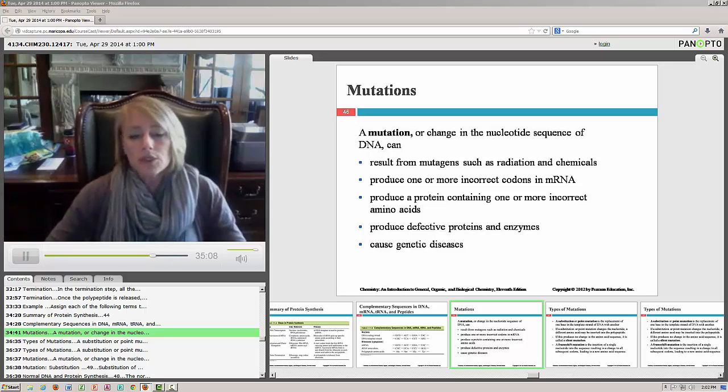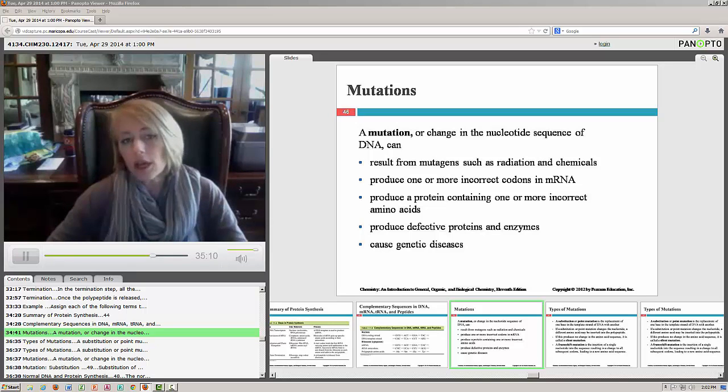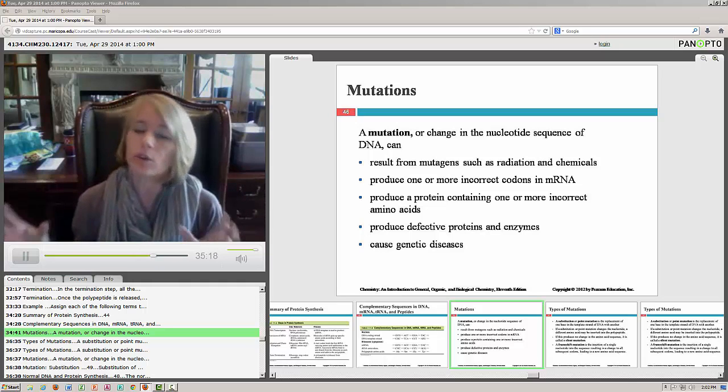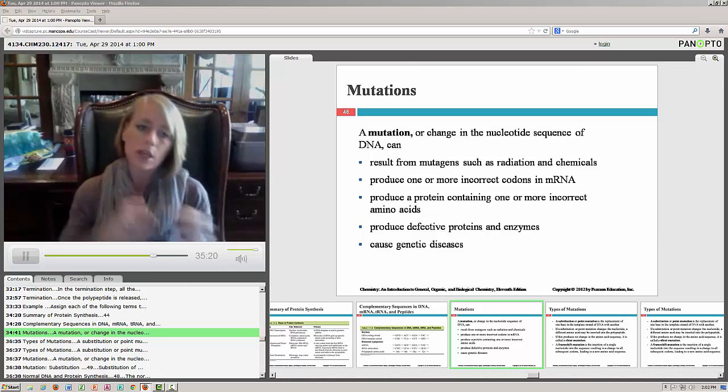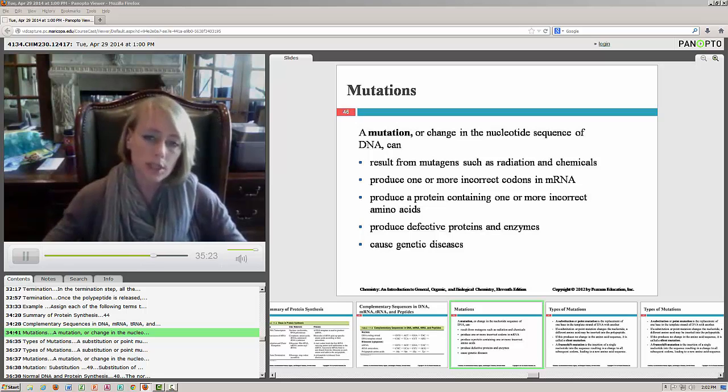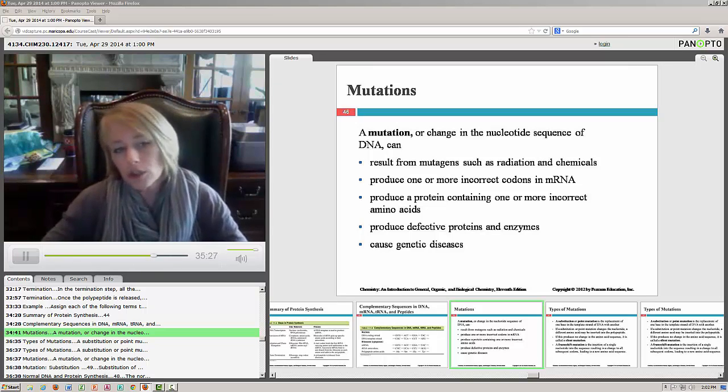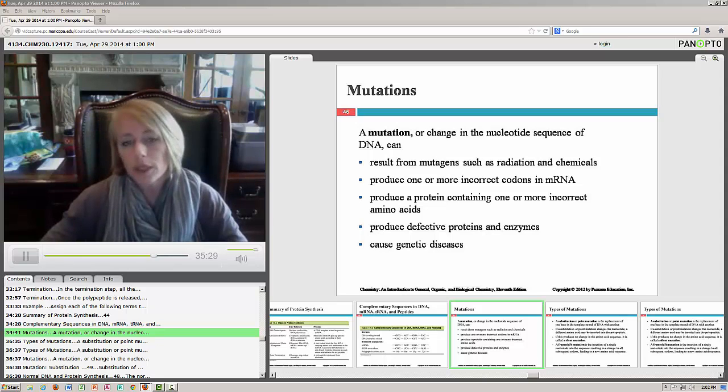So the result of having these mutations or mutagens, mutagens are actual components that cause the mutations, could be either substitution or frame shift problems with the DNA.